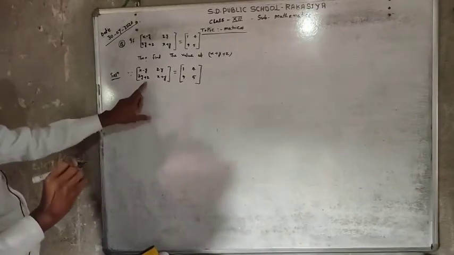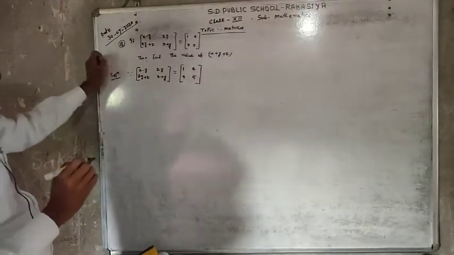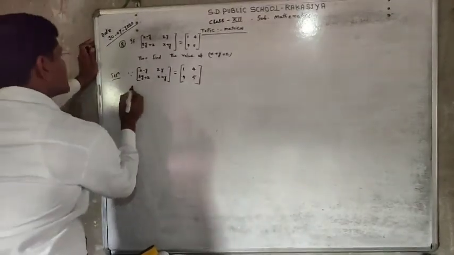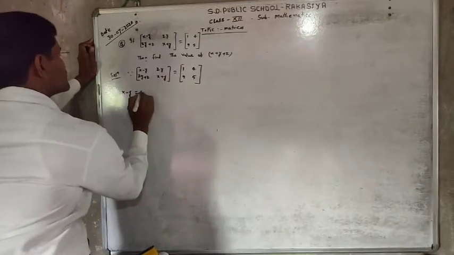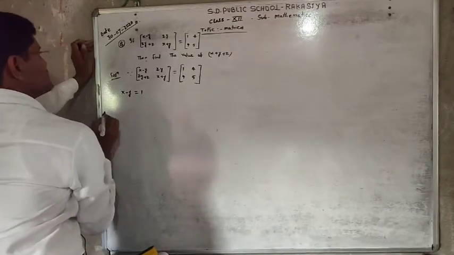Then these corresponding elements will be equal. The corresponding element x minus y is equal to 1.